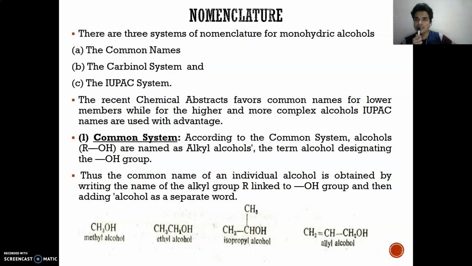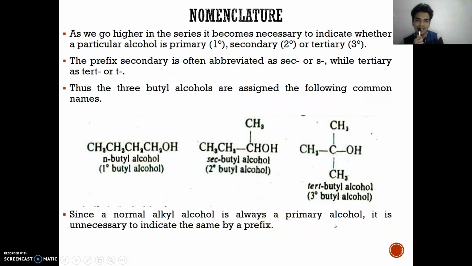According to the common system, alcohol ROH is named as alkyl alcohol. The term alcohol designates the OH group. The common name of an individual alcohol is obtained by writing the name of the alkyl group linked to the OH group, followed by the word alcohol as a separate word. So it becomes methyl alcohol, ethyl alcohol, isopropyl alcohol and allyl alcohol.